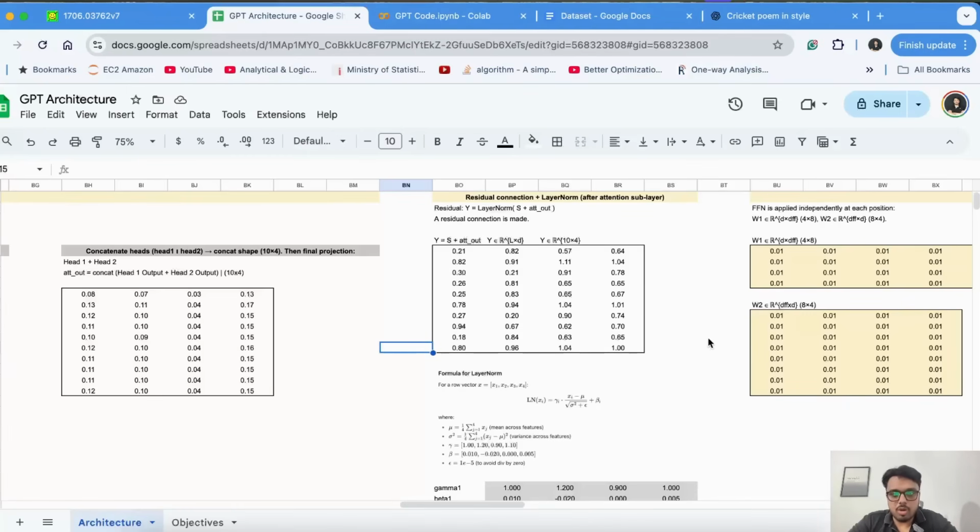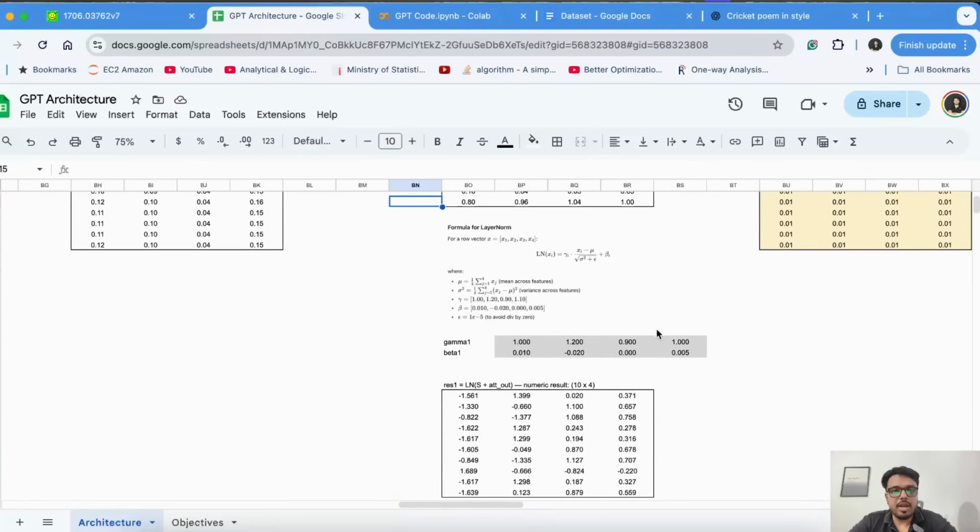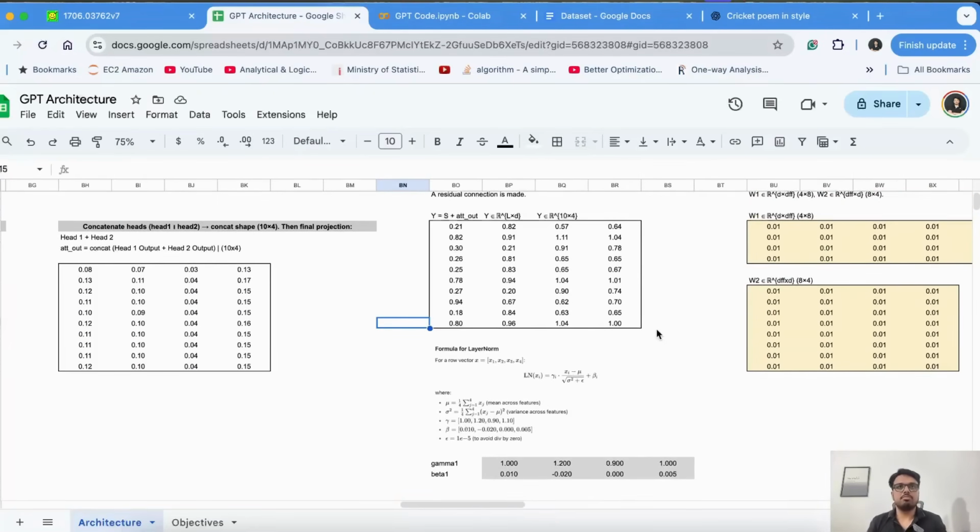Now, on this particular matrix, we will do a layer normalization. Layer normalization is simply done to normalize the numbers so that when we are doing backpropagation and the gradients are getting optimized, it helps with that. So how is it done? Very simple.